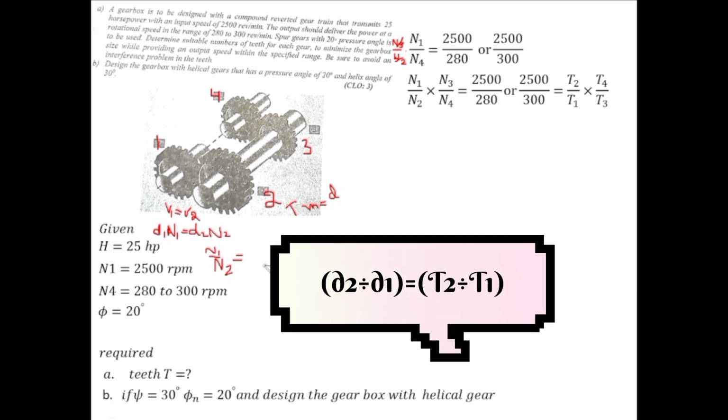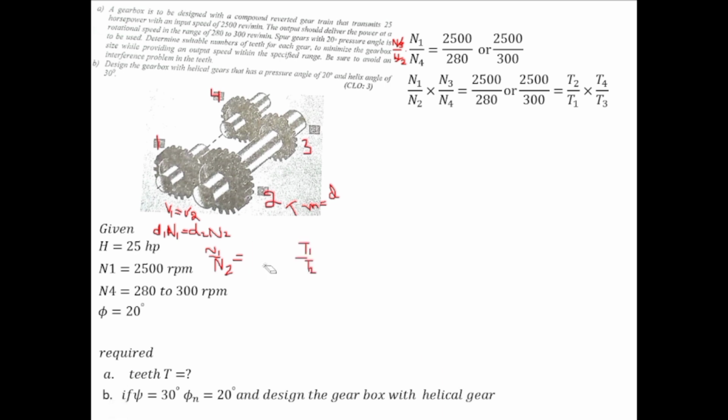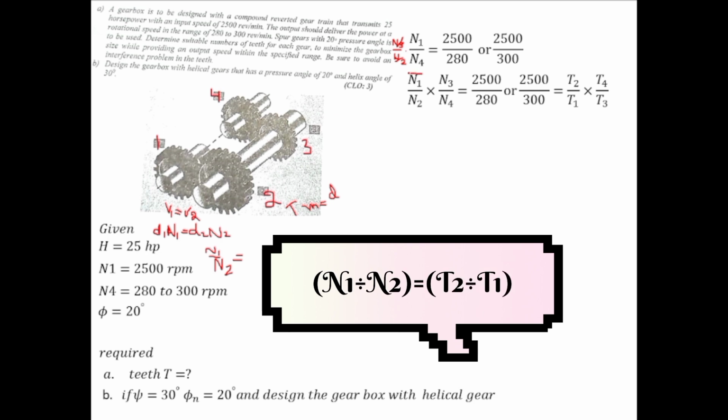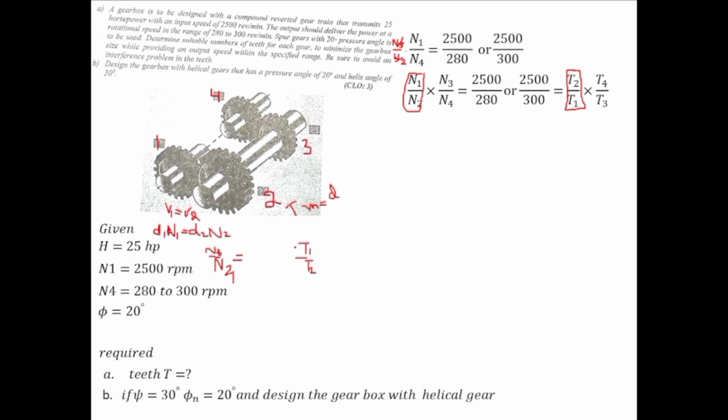We will get n1 divided by n2 is equal to t2 by t1. So you can see that instead of n1 divided by n2, we have t2 divided by t1 over here. Similarly, if this is n3 and this is n4, this will be t4 and this will be t3. You can see that we have put t4 by t3 over here instead of that.